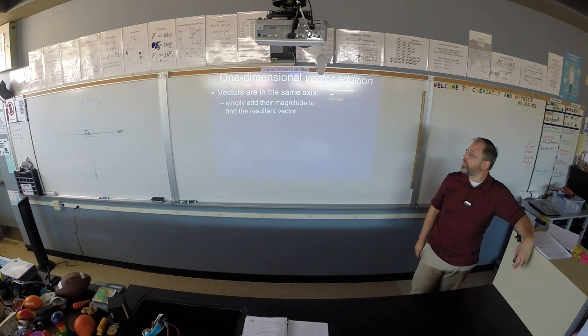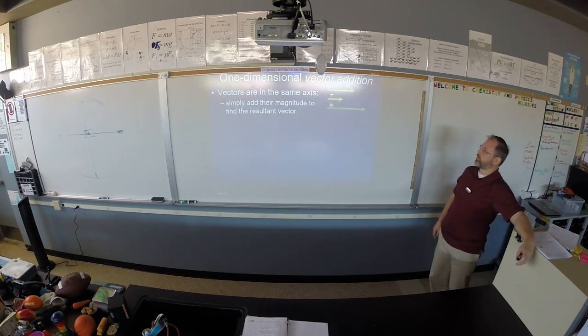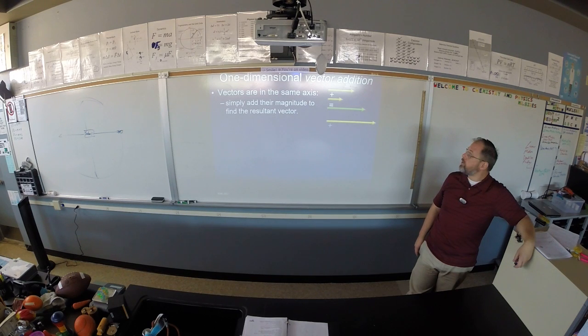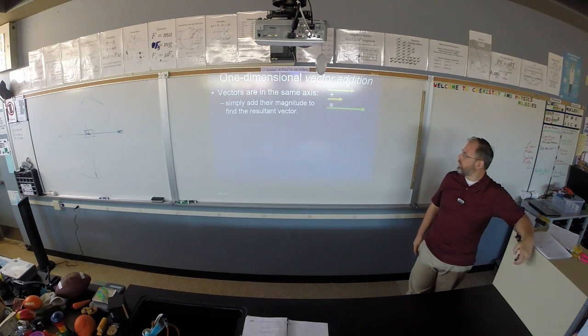If you take a vector like this, and you add it to a vector like this, in your head you know you have a vector that looks like this. Make sense? All right. And take a vector like this, and then you add it to a vector that looks like that. The resultant should look like that. Make sense? Okay. And then you did number lines.